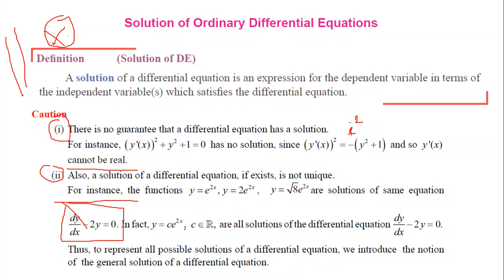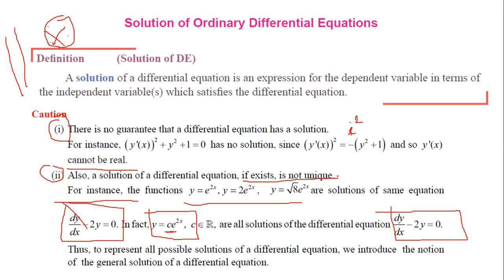In fact, y = c e^(2x) is the solution actually. In general, we can write y = c e^(2x). In case you substitute different values for c, then we get different solutions. At that time, the solution of the differential equation is not unique.